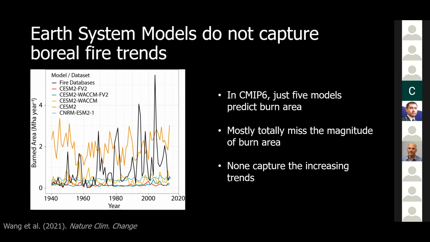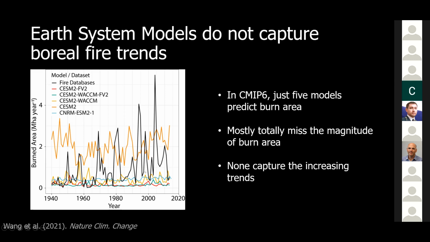We didn't get into the processes very much because I'm not really an expert at Earth system models, but we found that there weren't that many models that simulated fire areas to begin with. So it was hard for them to capture these changes. On this panel on the left, this black line is what we saw in the fire databases in terms of the total area burned per year.